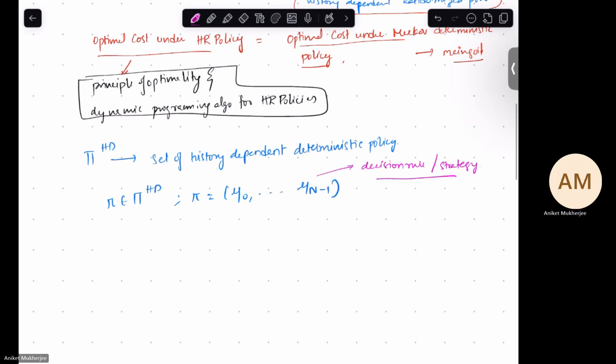And what I mean by strategy here is that mu t is a function which takes a history and maps to an action. This is your history space, and this is your action space, right?